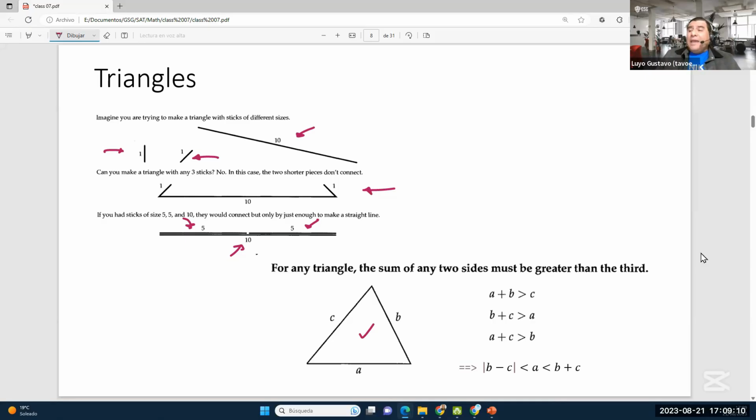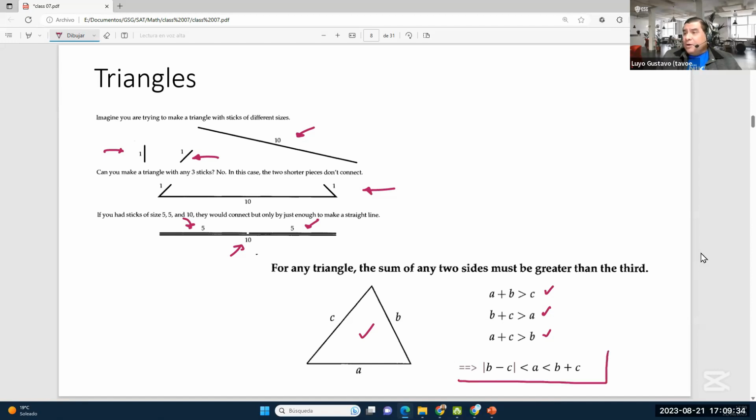At the same time, A has to be less than the sum of B plus C, and B has to be less than the sum of A and C. If you try to connect these three inequalities that determine the relationship among the lengths of the sides of a triangle, you could summarize by saying this.